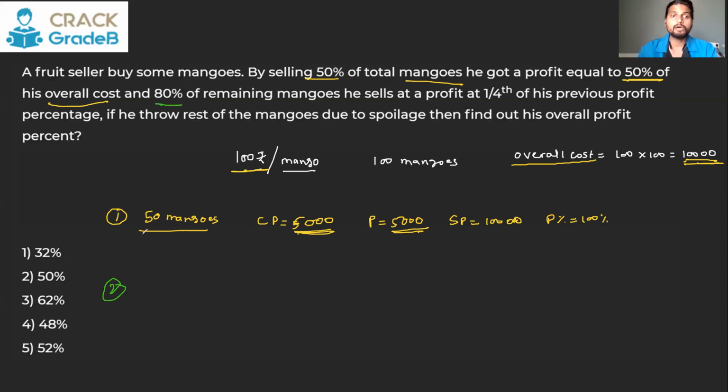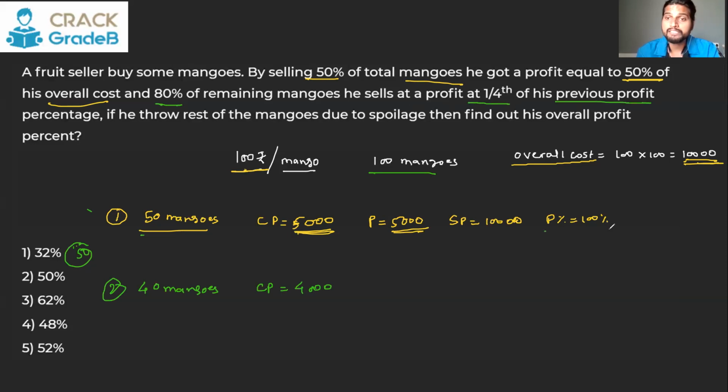Now the second lot, 80% of the remaining mangoes. So out of 100 mangoes, he first sold 50. So now remaining are 50. So out of the 50 remaining mangoes, he sells 80%. 80% of this is 40 mangoes. So for these 40 mangoes, cost price is going to be 4,000. It says he sells at the profit 1/4 of his previous profit percent.